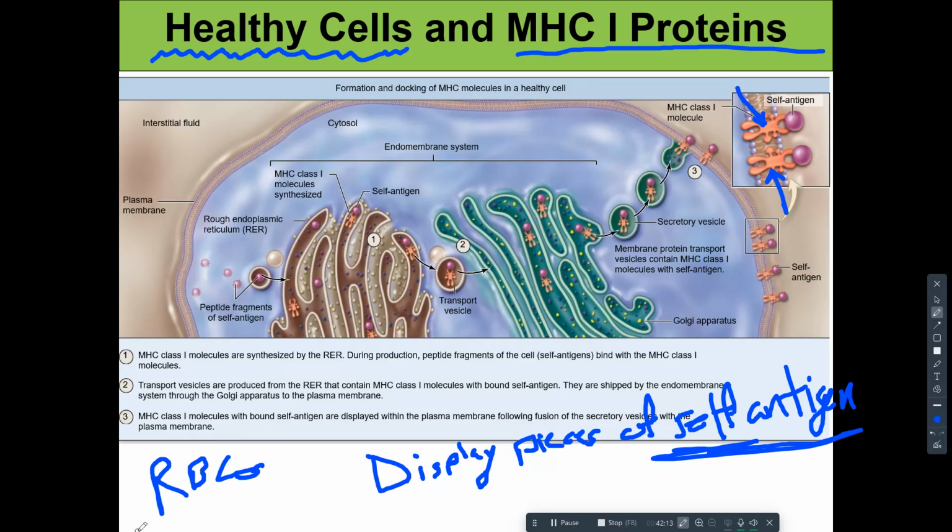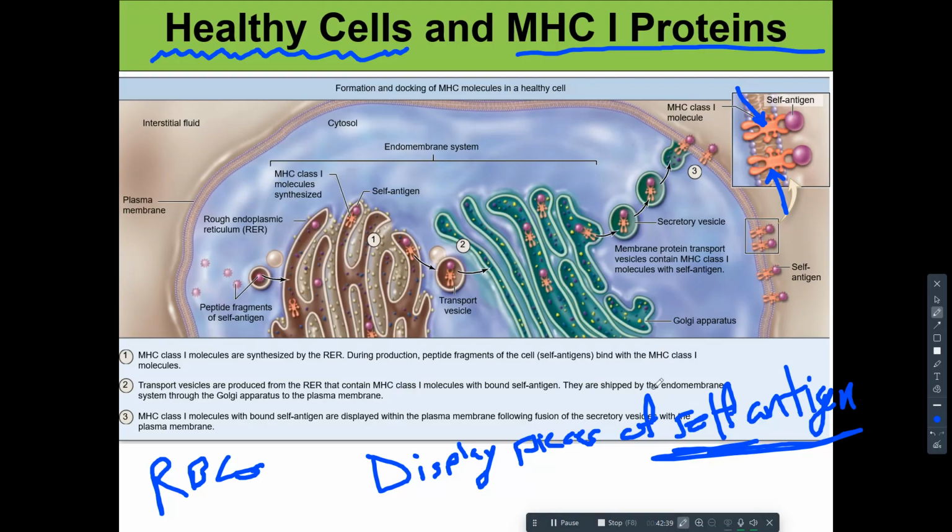A nucleus and organelles. But everybody else does that. Every other healthy cell in your body is always displaying fragments of proteins, fragments of self-antigens on its surface as a way of creating signage that says, hey, I'm good, I'm uninfected, I'm non-cancerous, leave me alone.